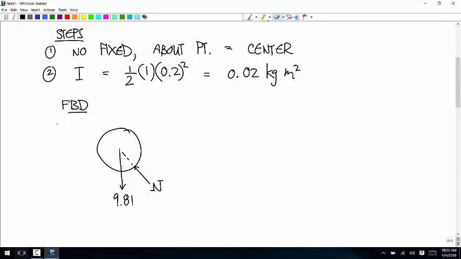And then there's a friction force. The friction is what makes it rotate. If there's no friction, it would just slide down the ramp. If there was no friction, this point would just be sliding down the ramp. So in order to keep that at 0 velocity, the friction force has to act that way. And I'll use a coordinate system that's lined up with the ramp like this.